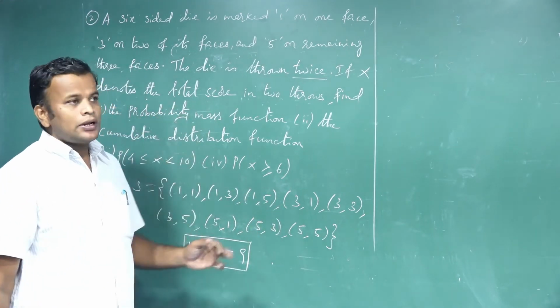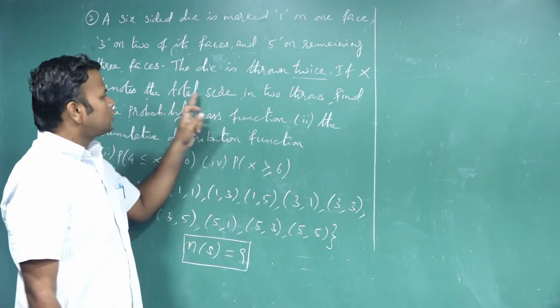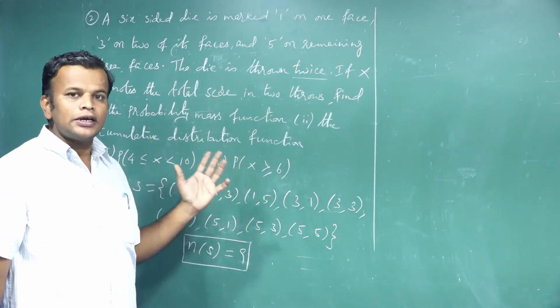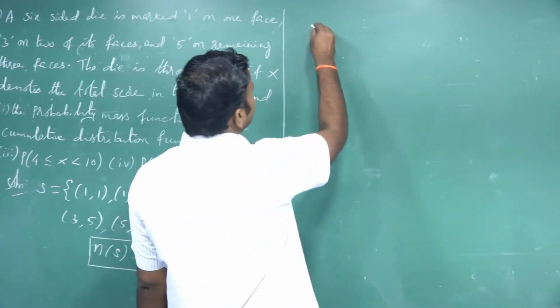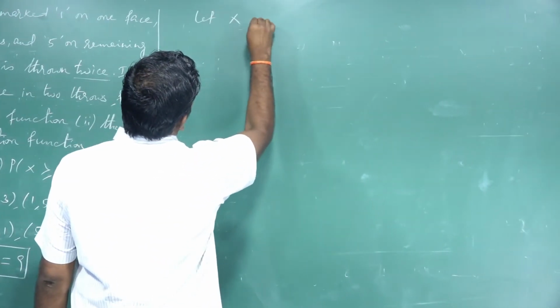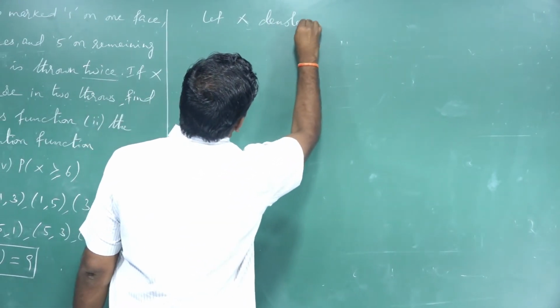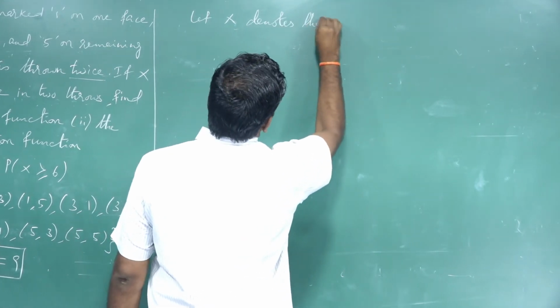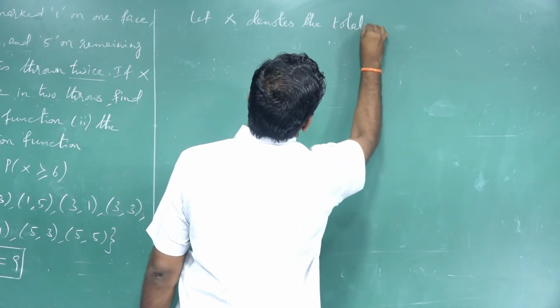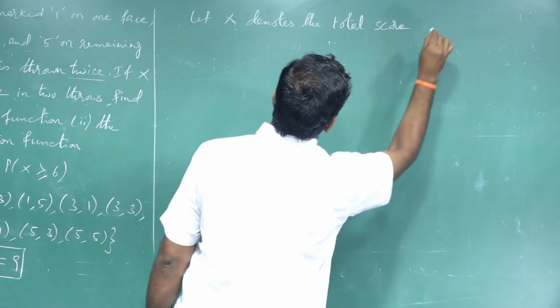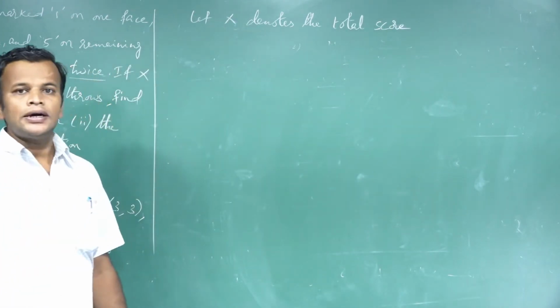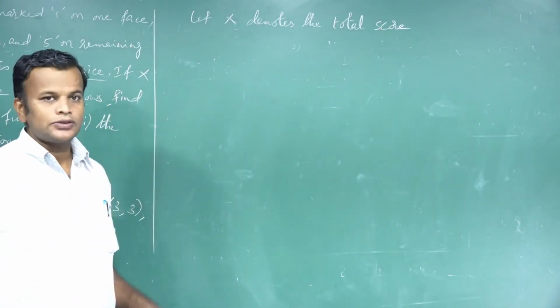Now we find one by one. Here it is given X denotes the total score. So we write, let X denote the total score. Then this X is called a random variable. Let X denote the total score.